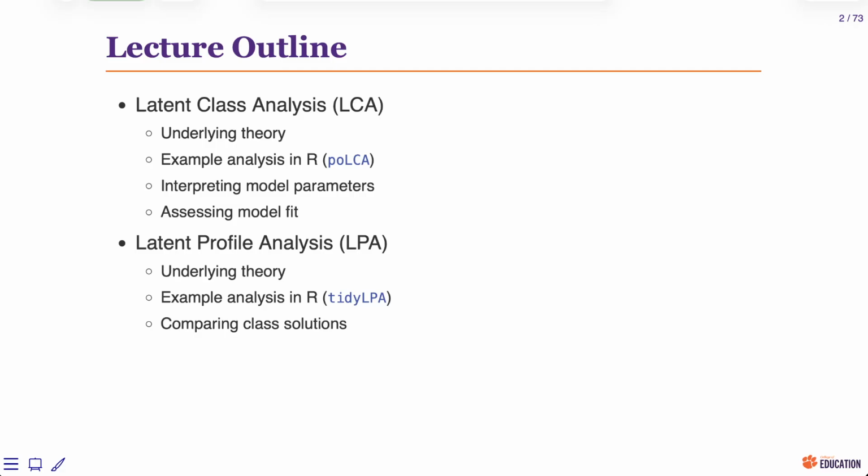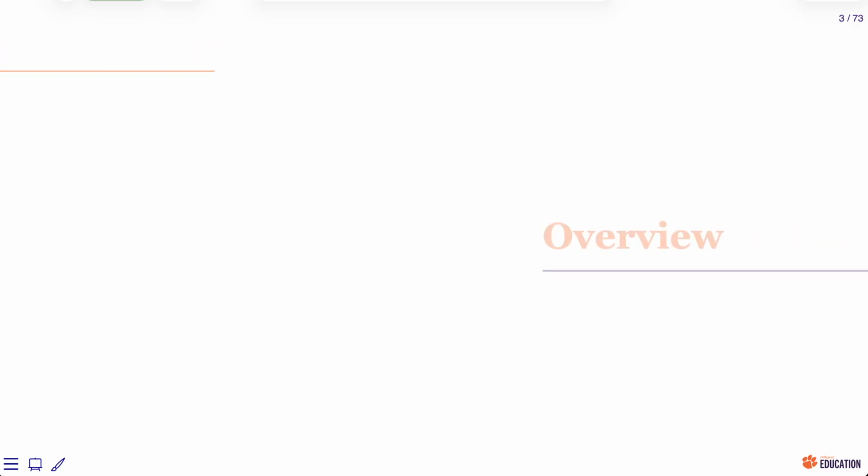In fact, the methodology is largely the same. The only thing that differs between the two is that by previous or initial definition, latent class analysis is for binary data, whereas latent profile analysis is for continuous data with the assumption that you basically have mixtures of multivariate normal distributions. So you'll see a lot of similarities between the two of these methods.